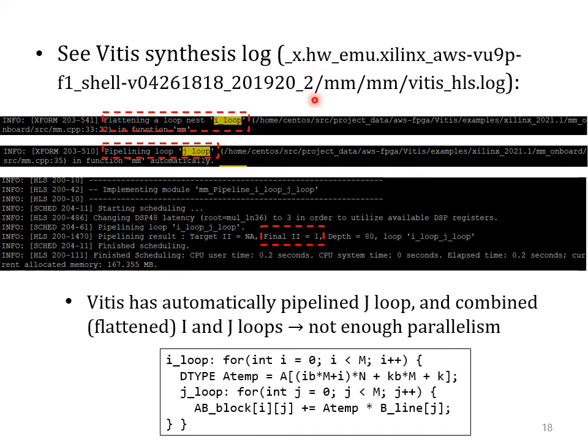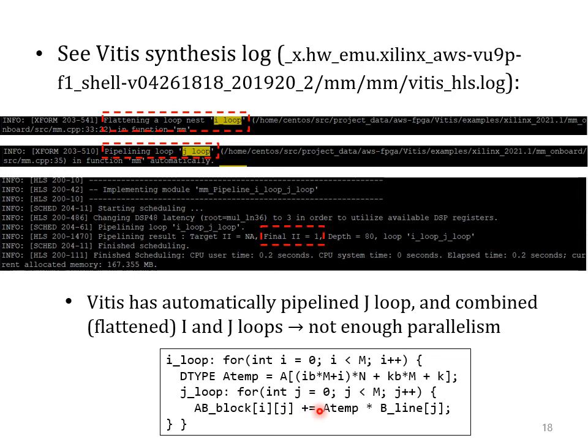And if you see the log, it'll tell you that the I loop was flattened, this one, and the J loop, this one, was pipelined. Flattened means that the I loop was combined with the J loop. So what Vitis did was apply some automatic optimization, but since it pipelined the J loop, there wasn't enough parallelism.